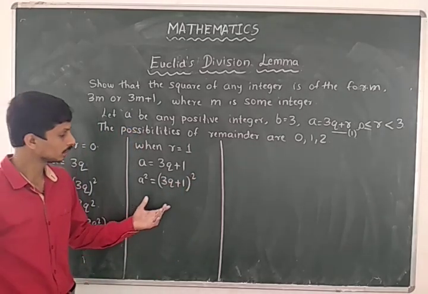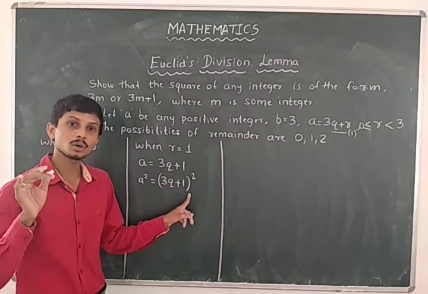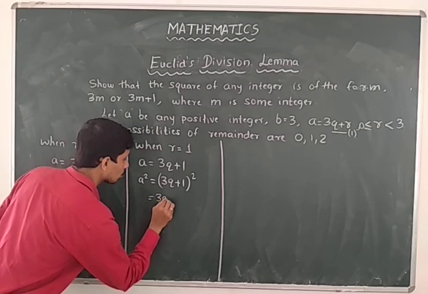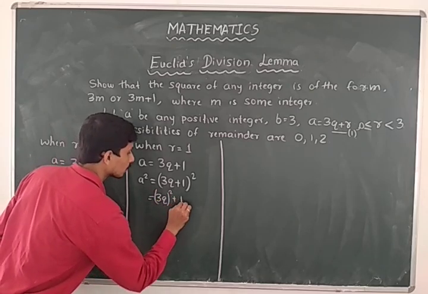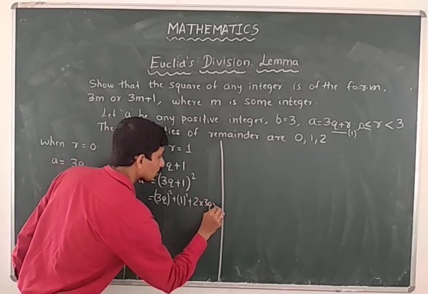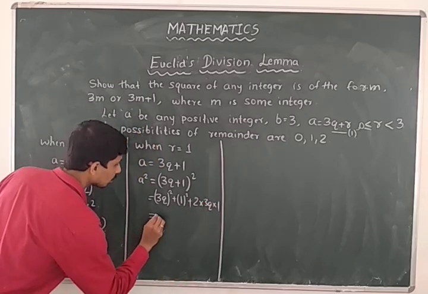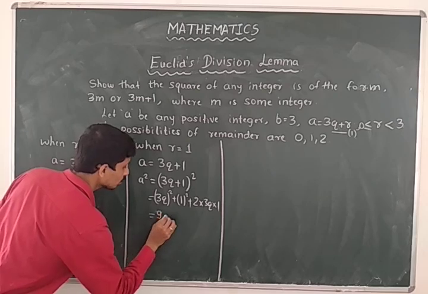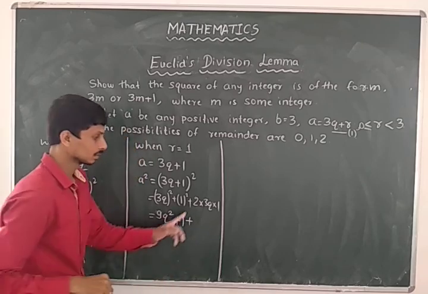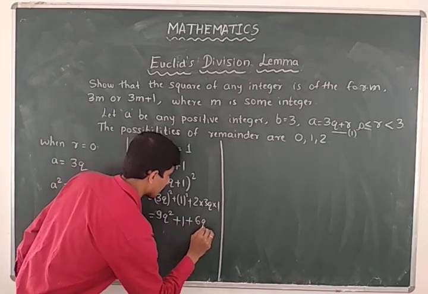So already we know that a plus b whole square is equal to a square plus 2ab plus b square. So 3q whole square plus 1 square plus 2 into 3q into 1 is equal to 9q square plus 1 plus 6q.